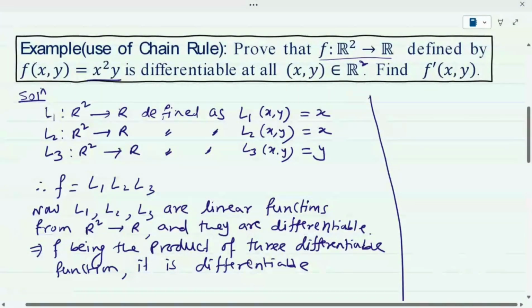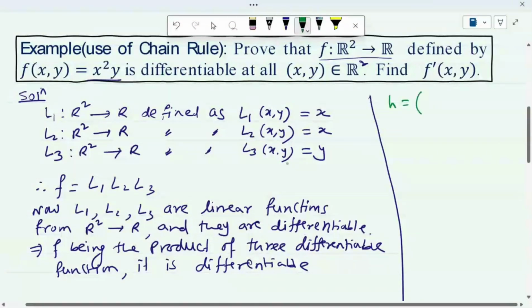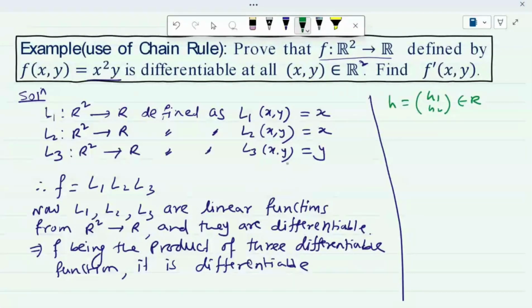Now what will be the differentiation of these three functions? So let h = (h1, h2) belong to R2.